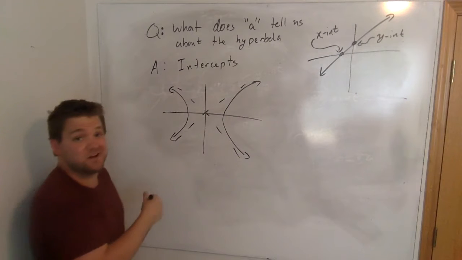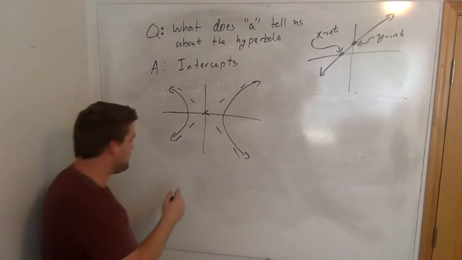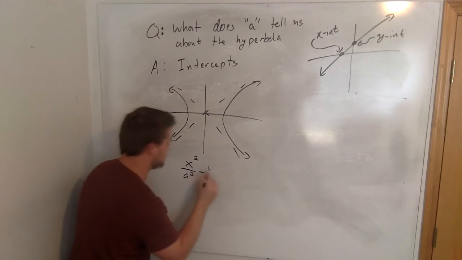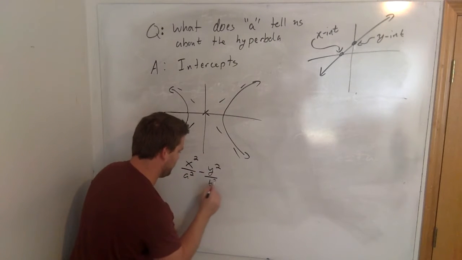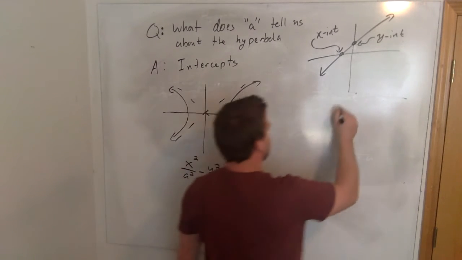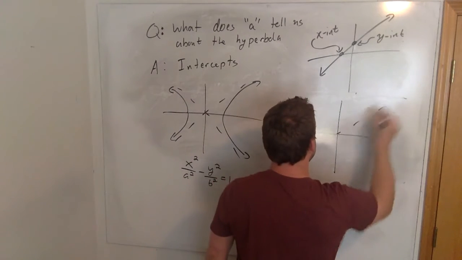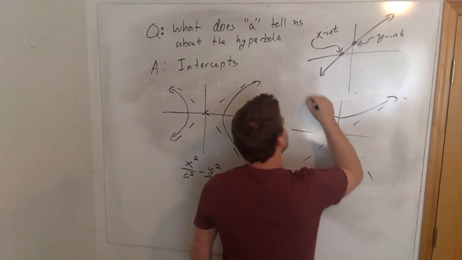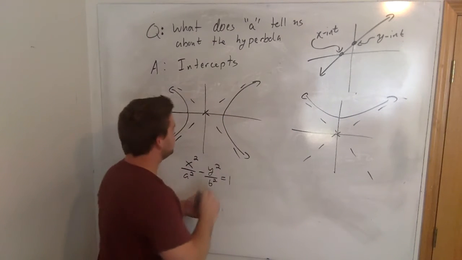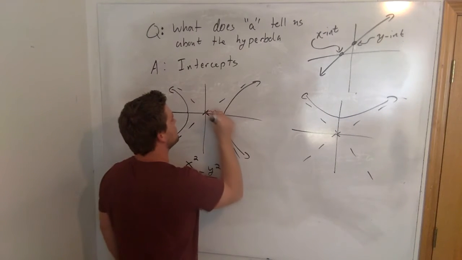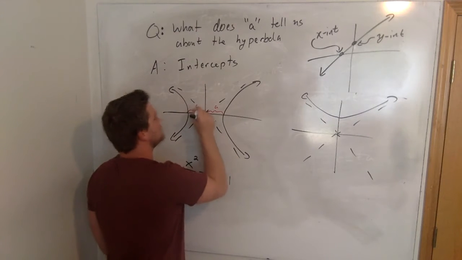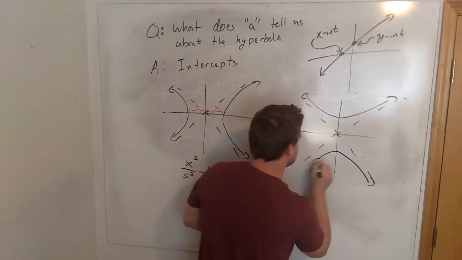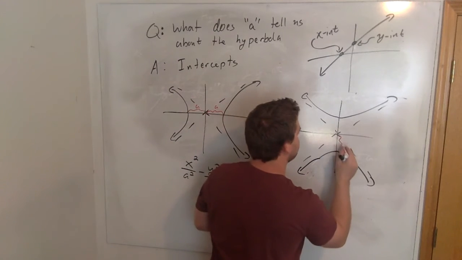For this orientation, it has x-intercepts. So this one is x squared over a squared minus y squared over b squared equal to 1. The other orientation, I should write this distance here is a.